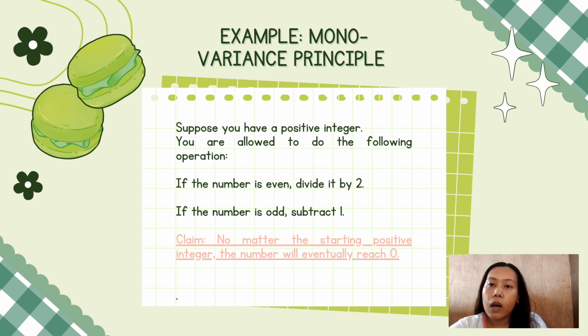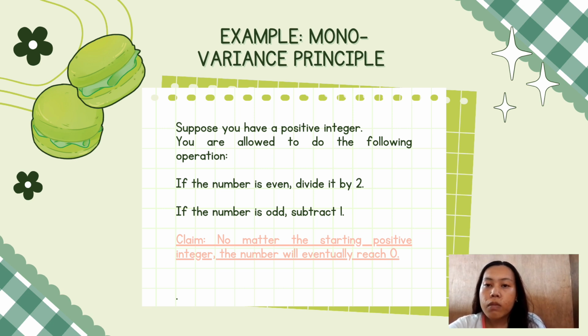We are now allowed to do the operation. If the number is even, divide it by 2. First, what are the even numbers? Even numbers are 2, 4, 6, 8, 10, 12, and so forth, those numbers that can be divisible by 2.